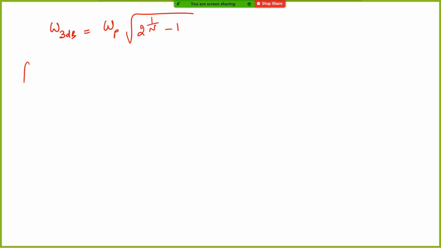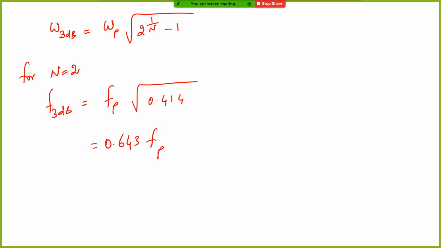Right? So for n equal to 2, f3 dB can be taken as what? The pole frequency times the root of 2 to the power of 1 by 2 minus 1, so 1.414 minus 1 is 0.414. So Fp becomes the root of 0.414, that is 0.643 times Fp.